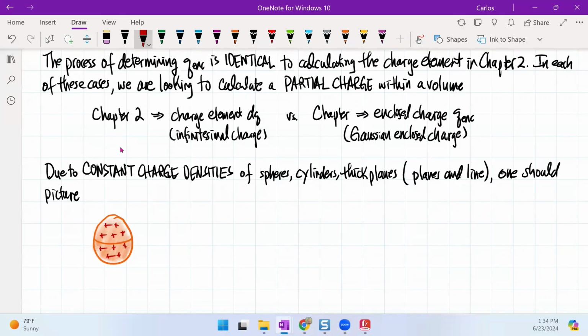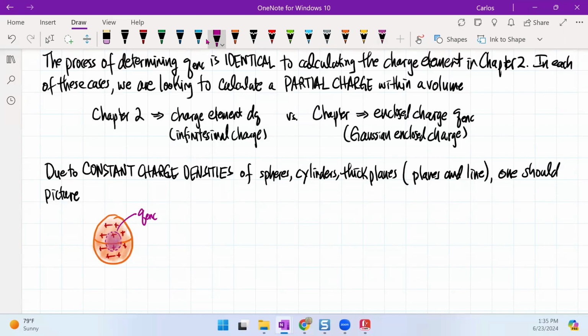But if we're looking at a Gaussian that encloses charge, we're going to be looking at a smaller volume of this charge. So this is really Q enclosed right here.